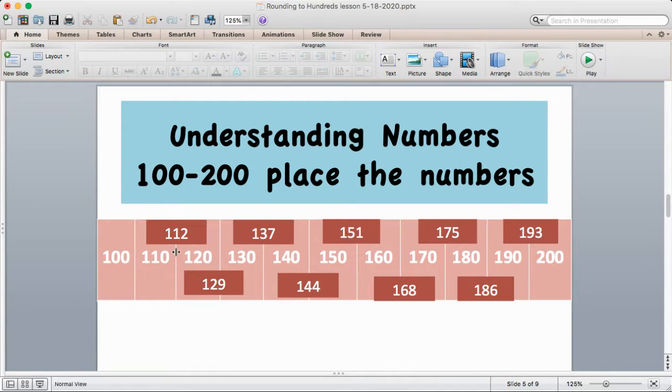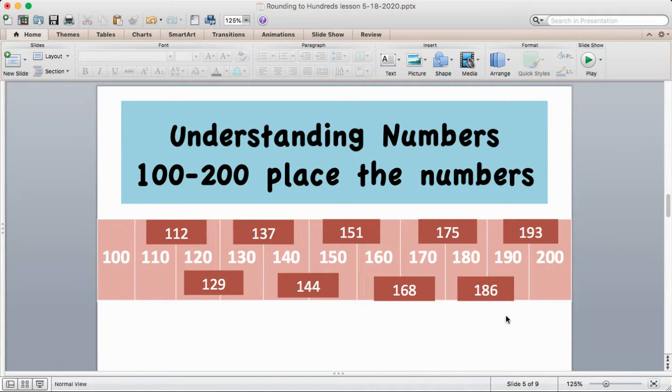So this is understanding where our numbers belong. 112 belongs between 110 and 120. 129 belongs between 120 and 130. 137 belongs between 130 and 140. 144 belongs between 140 and 150. 151 belongs between 150 and 160. 168 fits between 160 and 170. 175 fits right in the middle between 170 and 180. 186 is between 180 and 190, and 193 fits between 190 and 200.